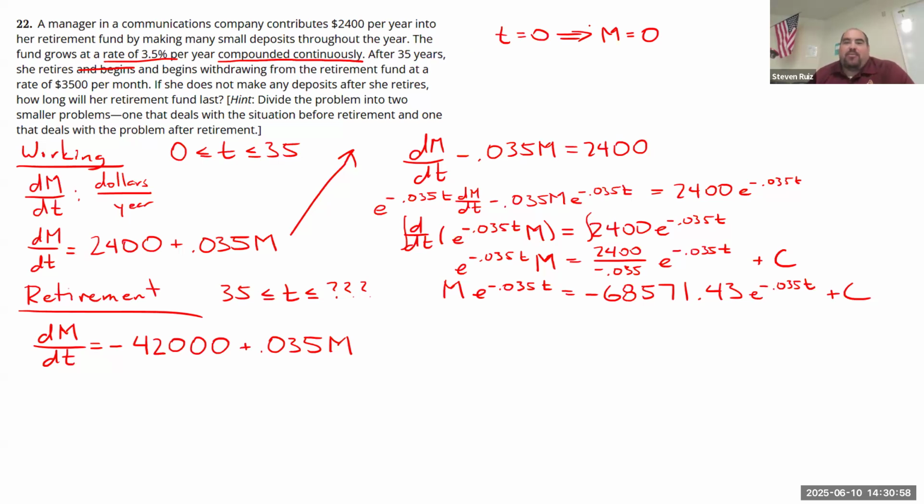So I think when t equals 0, M equals 0. So what does this mean about c? When M equals 0, the left-hand side of this equation will equal 0. So 0 equals negative 68,571.43 plus c.